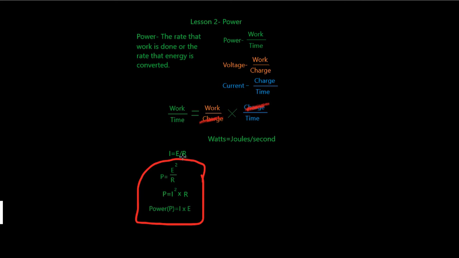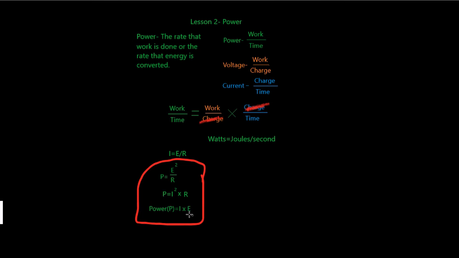It's good to have all three of these memorized because in some instances you may know, let's say it's a resistor and you had a clamp-on ammeter and you measured that there was 2 amps moving through it and the resistor was 2 ohms, you would therefore be able to find out that the amount of power dissipated in the system is 8 watts because 2 squared is 4 times 2 ohms is 8 watts.